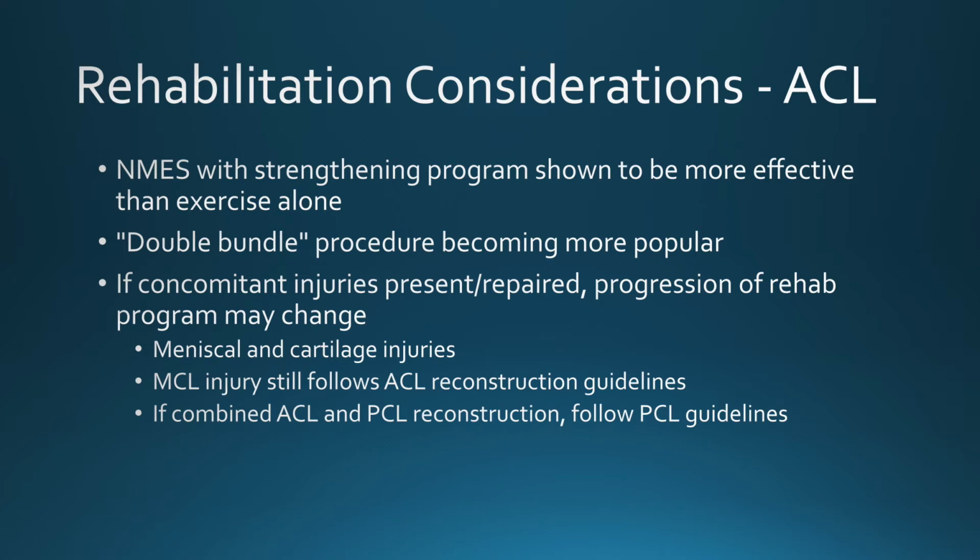If concomitant injuries were present or repaired at the same time, the progression of rehab can change. So, for instance, if a meniscal repair in addition to the ACL reconstruction was done, it would limit the amount of weight-bearing flexion in the first several weeks. If a chondroplasty on a weight-bearing surface was done, it may restrict the weight-bearing in general for several weeks.